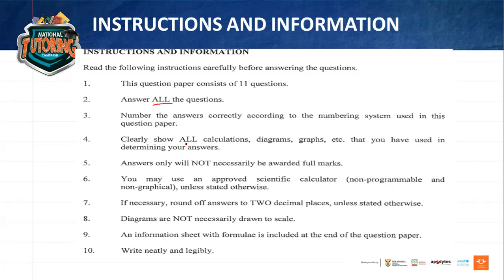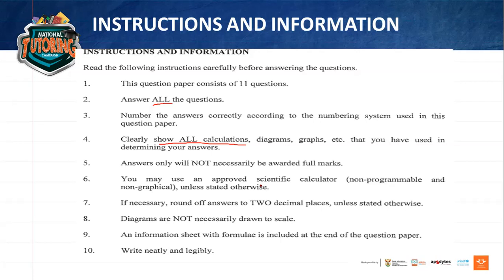We never get full marks if we do not show all the calculations. Please do show all the calculations which have been used, so that you can be awarded the full marks for the question, okay? Also, it's important that we remember to take the approved scientific calculator.